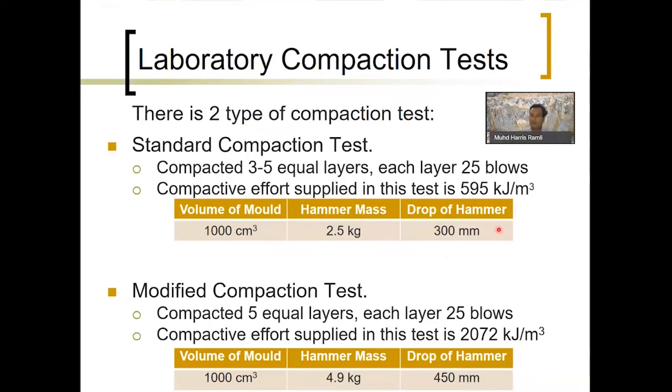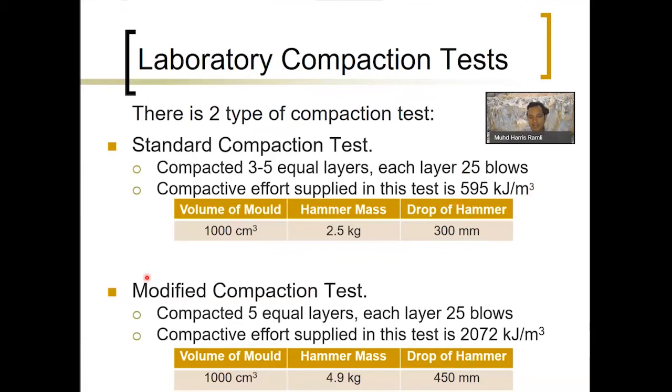When you do it manually, you raise the hammer up to 1 foot, 300 mm, then release it in free fall. When you release it, you give this energy to that particular soil for every layer.